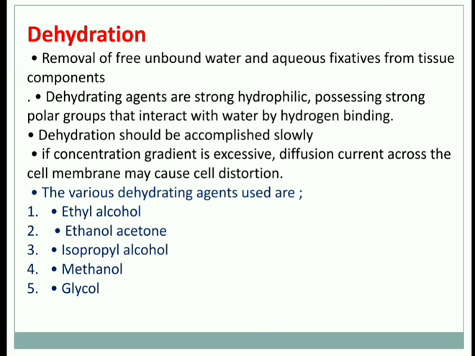So, we go from low concentration to high concentration of the dehydrating agent. The various dehydrating agents are ethyl alcohol, ethanol, acetone, isopropyl alcohol, methanol, glycol.